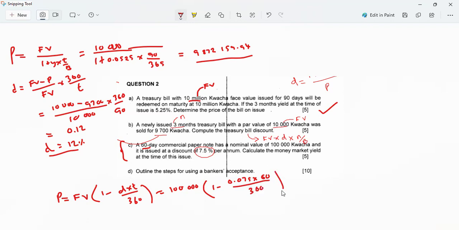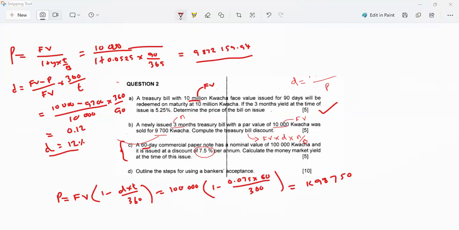This will give us the issue price of the commercial paper. So when you compute that, you're going to get 98,750.